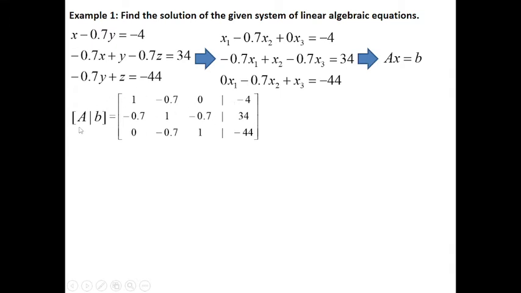So we have 1, coefficient of x1, negative 0.7, coefficient of x2, 0, coefficient of x3, then we have the constant negative 4. Same as the second row and the third row. So you know that, right? I have already introduced the augmented matrix last meeting.